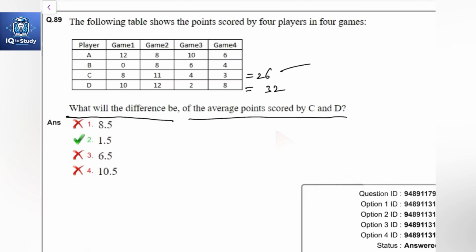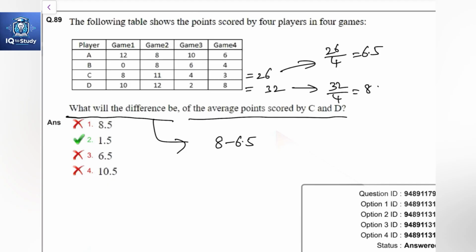The average of C is 26 by 4, which is equal to 6.5, and the average of D is 32 by 4, which is equal to 8. Now the difference is 8 minus 6.5, which is equal to 1.5. So option 2, 1.5 is correct.